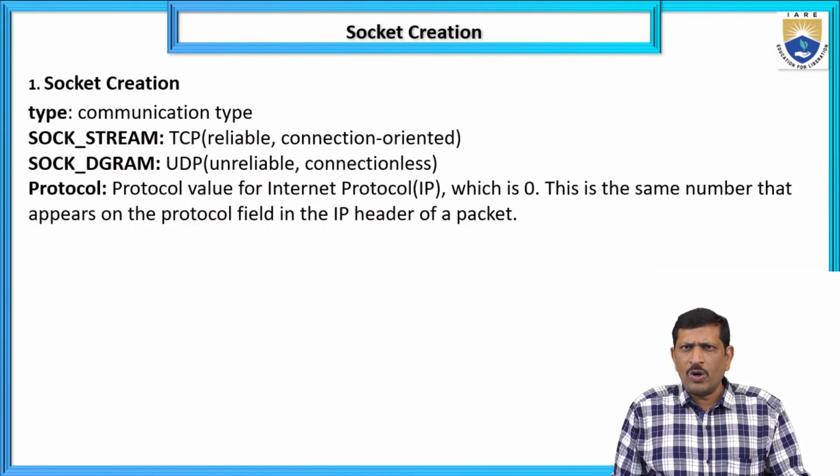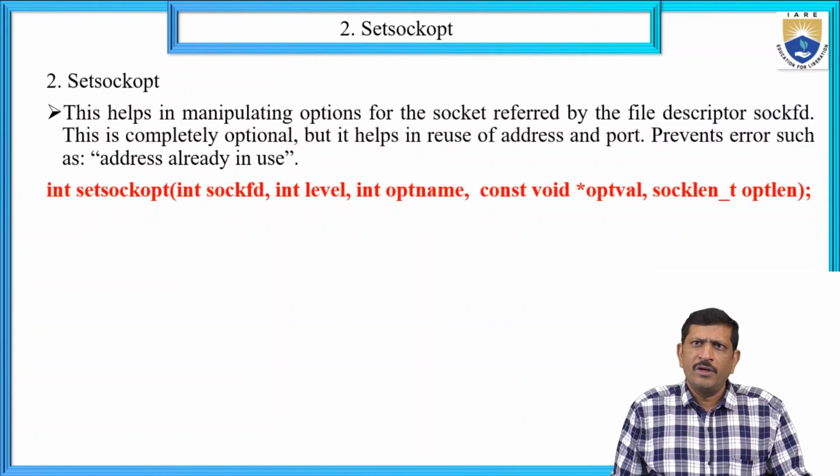So these are the protocol values for the Internet Protocol, which is 0. This is the same number that appears in the protocol field in the IP header of the packet.